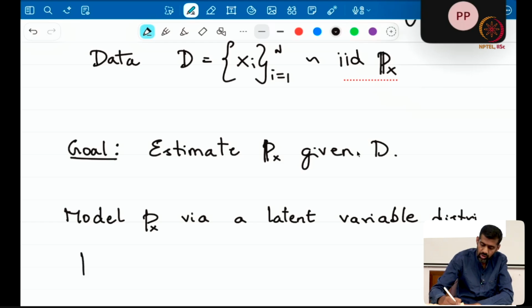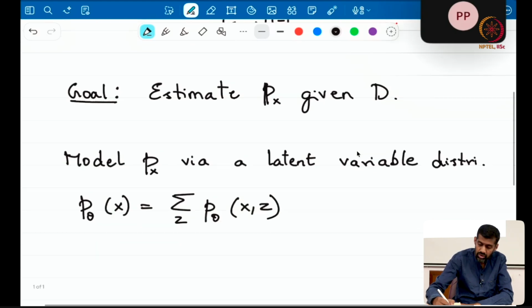That is, you call P theta of x the marginal over the joint distribution of x and z, where z is a latent variable.